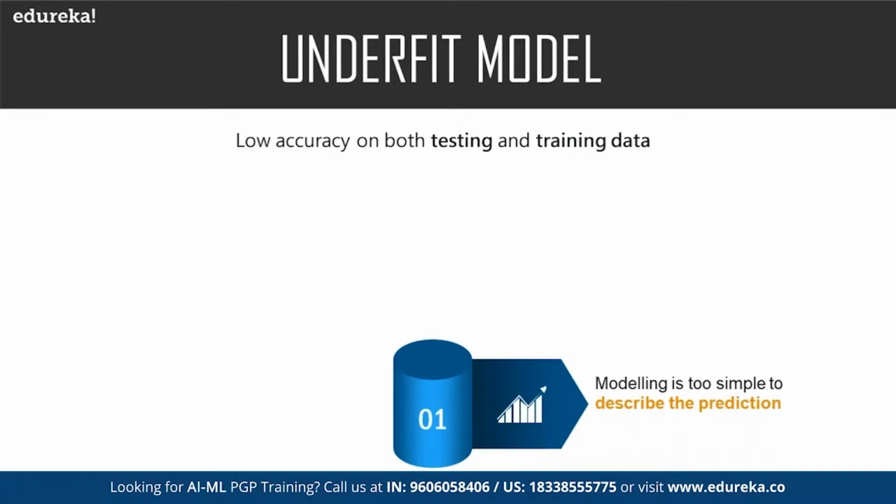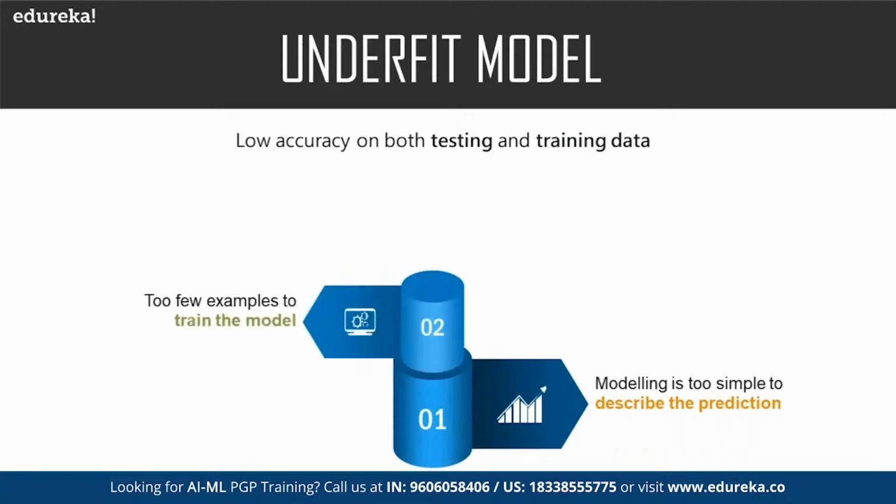Not just on the training data, but also on the testing data, we get lower accuracy, because we did not choose the right data set to be used for evaluating the model. If you ask me what data set we need to use for model evaluation, we'll see that in the following slides. So, too few examples to train the model, which means the examples are nothing but the samples, the data.